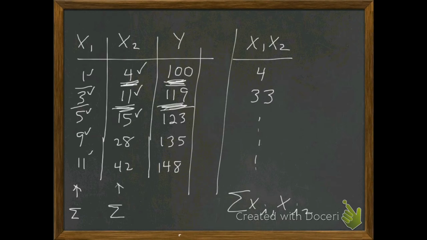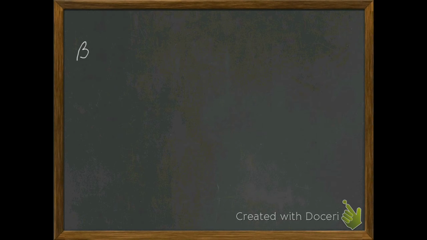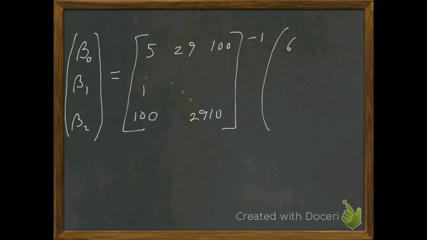table of numbers here. So guys, at the end of the day, we're going to see that beta 0, beta 1, beta 2 can be found by taking the product of the inverse of the first matrix times the last matrix that we created.